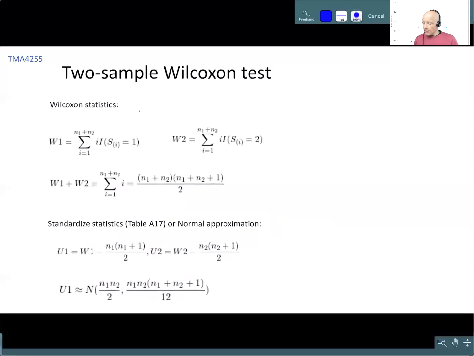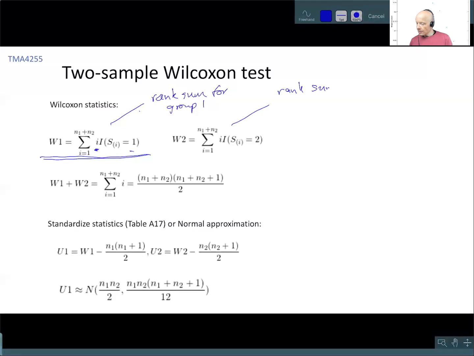So here in this expression, W1 is the rank sum for group 1. As we see, we find the ranks in the pooled sample, and then we take it when the sign is associated with group 1. We do exactly the same here for the rank sum for group 2.